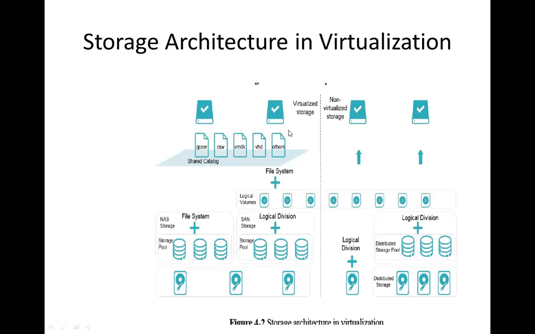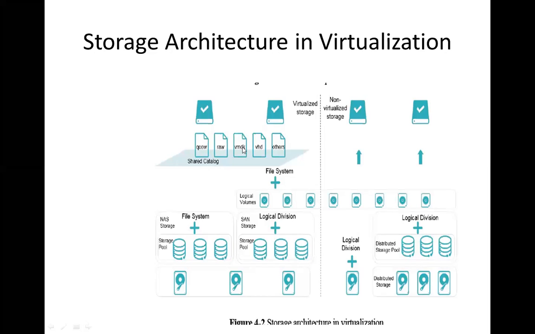You can see this is a shared catalog that has various files with various extensions, like VHD and VMDK. These are the various file formats, and this concept of placing them all together is called a shared catalog.